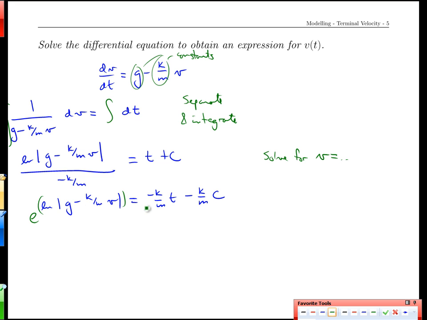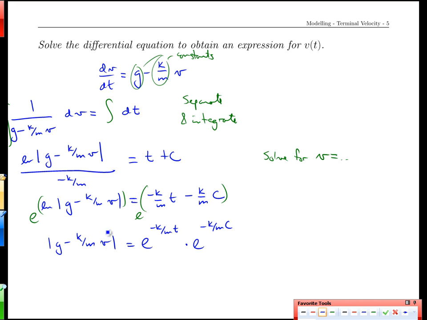We need to get rid of that ln. And so e and the ln undo one another. And on the right, we can break that into two terms. We have an exponent with a subtraction in it. We can treat that as a multiplication down on the main line like so.